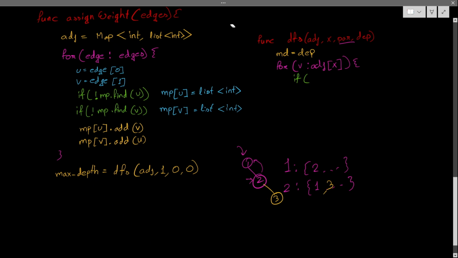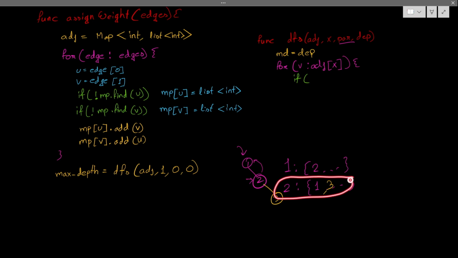So what I will do, I'll iterate for each case, and I will see what are the adjacency nodes of 2. Adjacency nodes of 2 could be 1 and 3, but 1 is the parent of 2 because I came to 2 from 1.